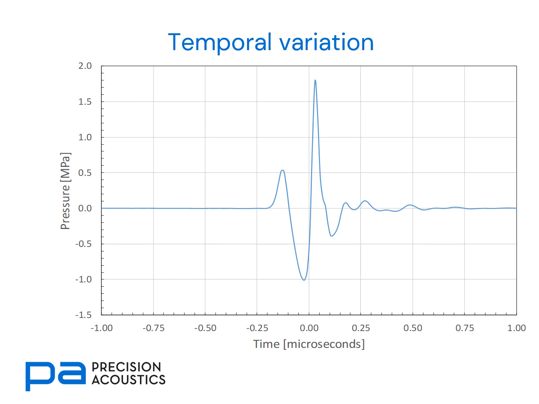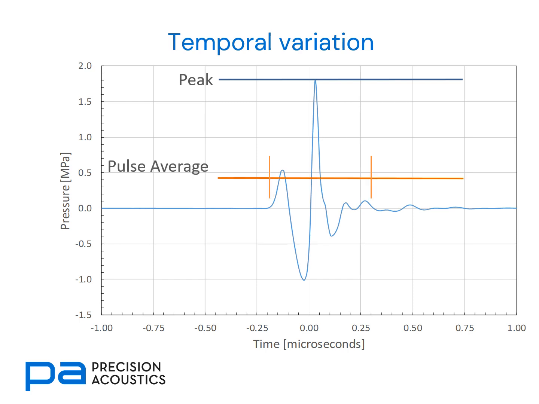Now let's look at temporal variation. Here we have a typical diagnostic ultrasound waveform. We notice that one of the definitions of intensity involved a time average of pressure. And if we just look at the peak value of pressure, this will give us a very different value to that which is averaged over the pulse duration, or that which is averaged over all time.